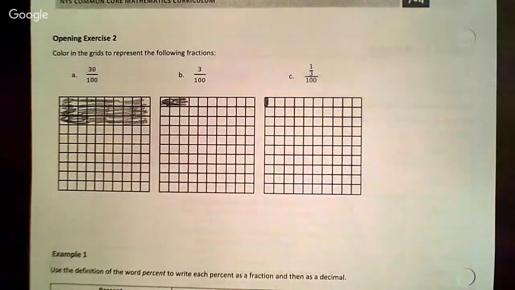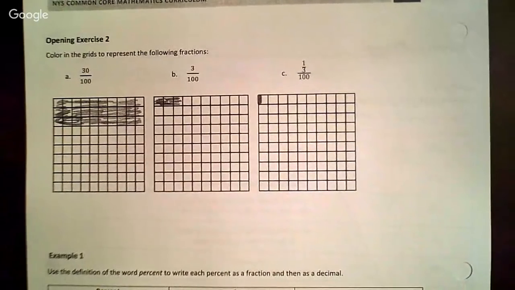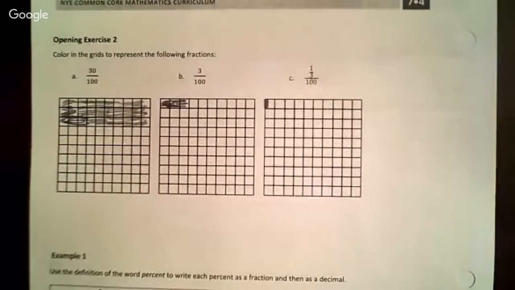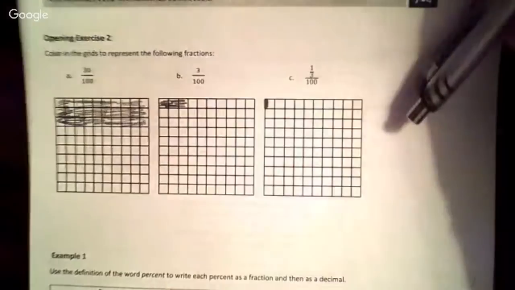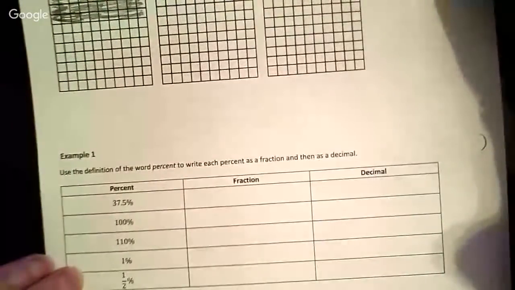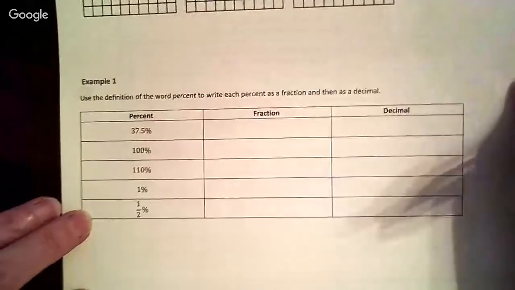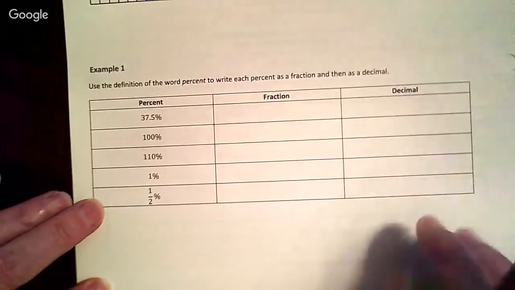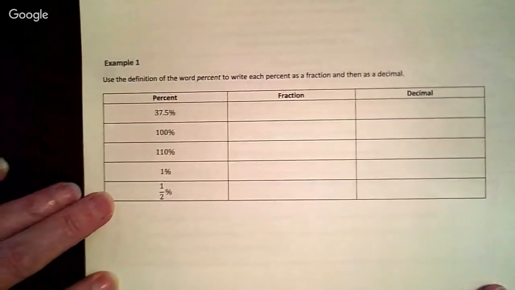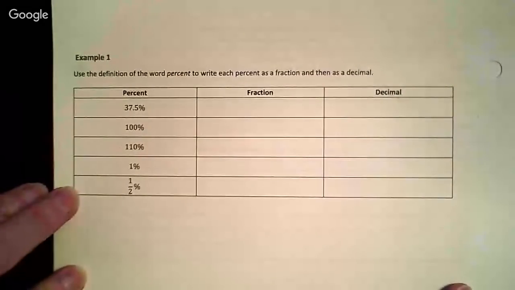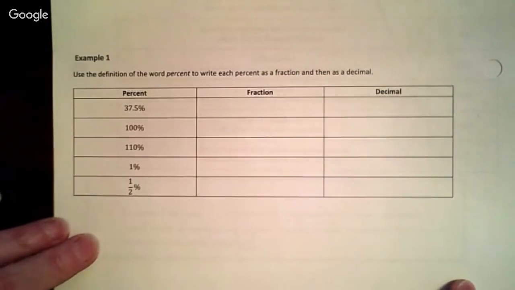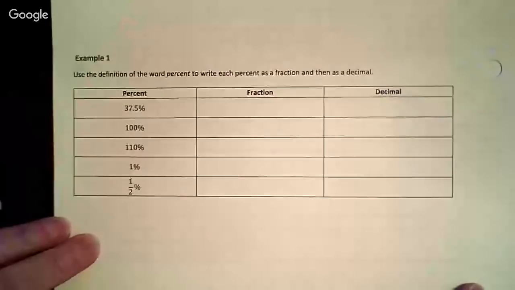Okay. Now, example number one, as I said in class, we'll worry about the simplifying later. But as I said in class, when we change a percent to a decimal, you move the decimal 2 places to the left and drop the percent sign.